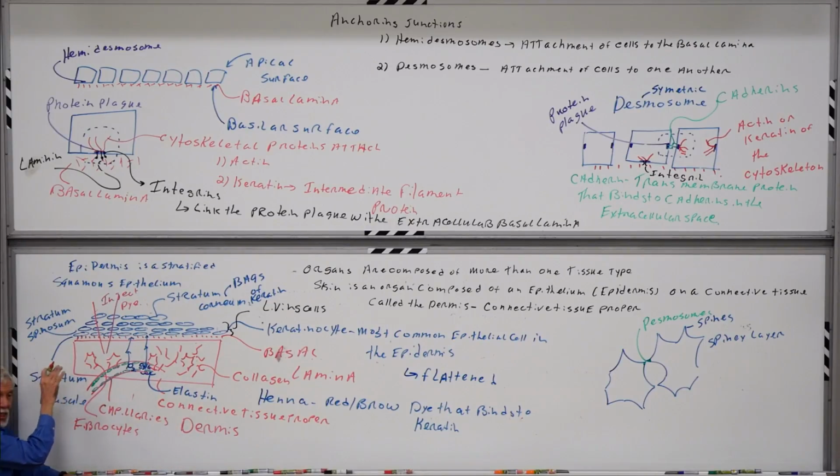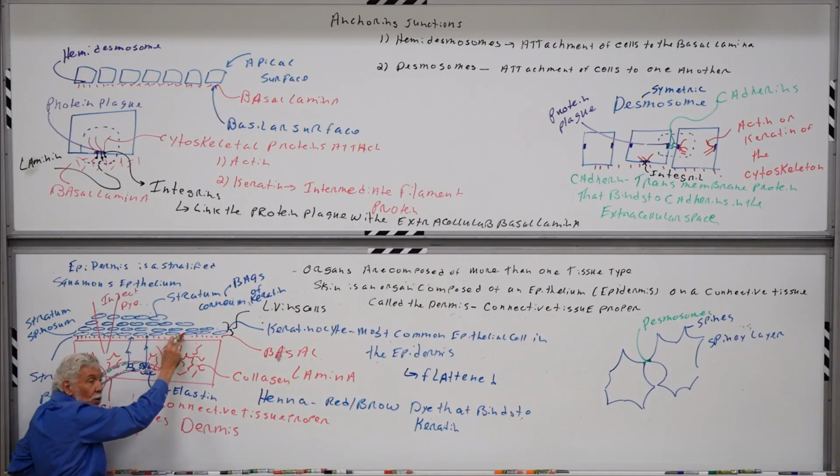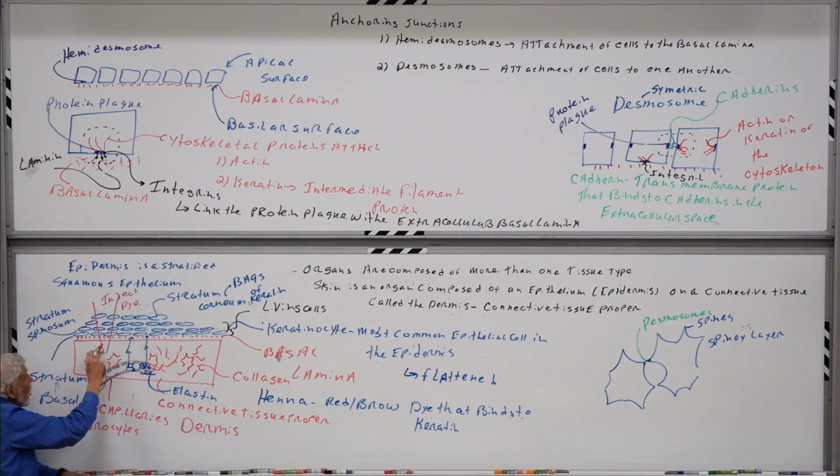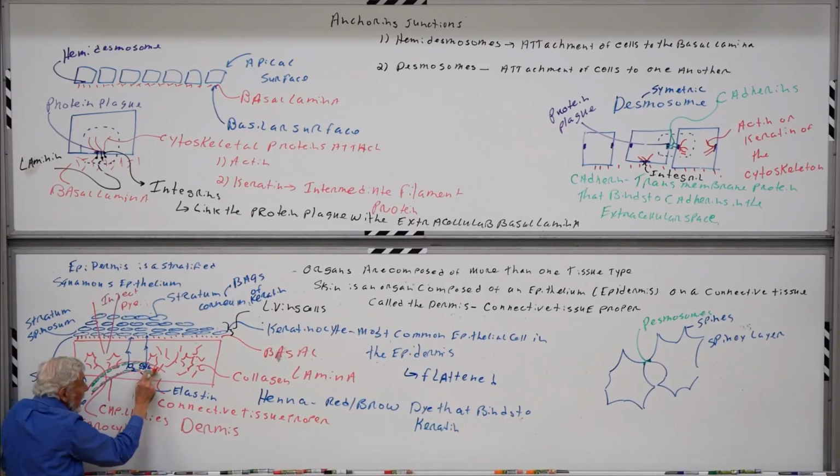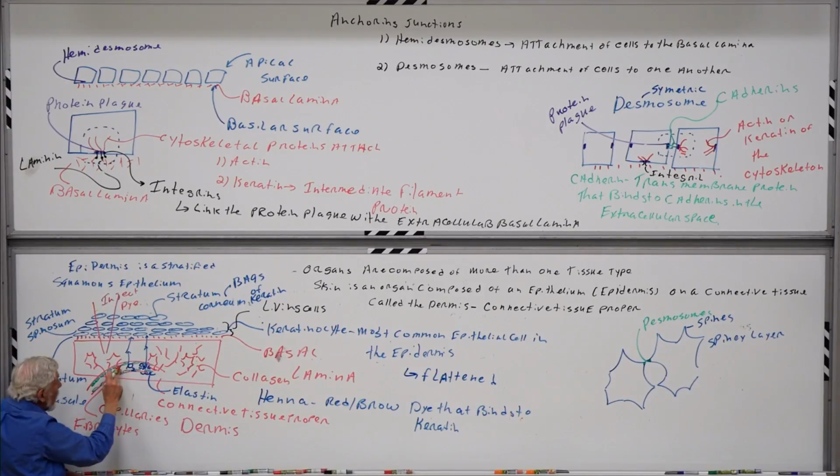If you've ever had this done, you know it's kind of painful because you're down into the dermis. You've come through some of the pain-sensing neurons that are out here at the interface between the epidermis and the dermis. You also know that you commonly bleed, and the reason you bleed is you're affecting these blood vessels. You're breaking some of these capillaries, and you're getting some blood, so you're down in the dermis.